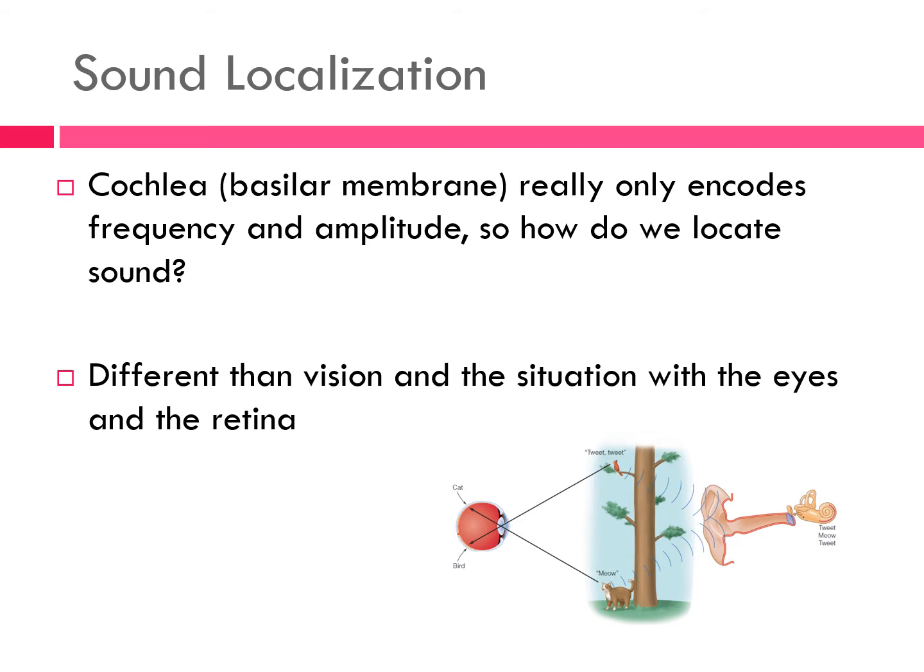The cat is down low, mewing, and it's hitting high on the retina, and of course the tree is in between, and that spatial information is really encoded on the retina in that kind of retinotopic map. But we're ending up with a tonotopic map about frequency, and so the ear is not telling us the same kind of information very clearly, that the bird is up high and the cat is down low. And in fact, we have to figure this out in our brains.